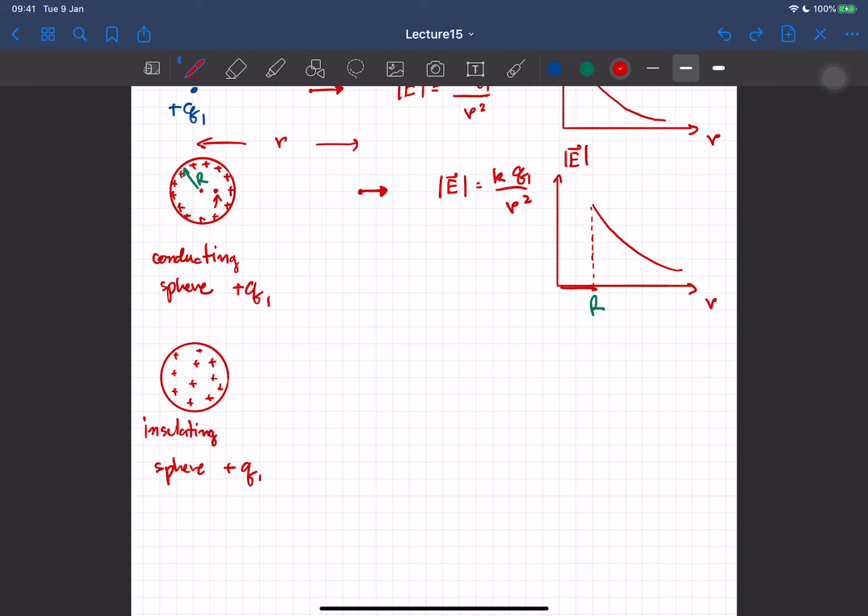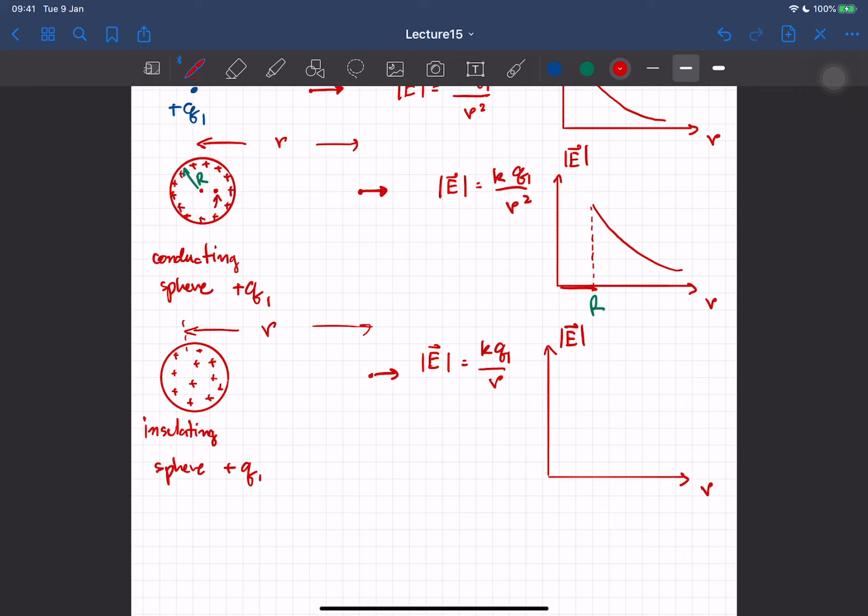So what is the electric field? It turns out that the electric field, if you're outside the insulating sphere, is still going to be the same formula. But inside, it doesn't have to be 0 any longer, because it's not a conducting sphere, so there's no reason for it to be 0.